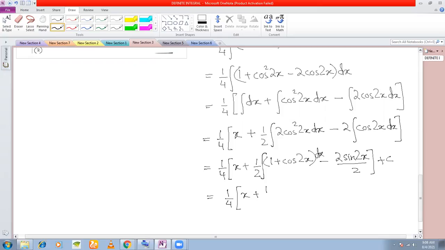Now you separate this integral, you'll get half integral dx plus integral cos 2x dx, and this 2 and this 2 cancel here. So you simply get minus sin 2x plus c.